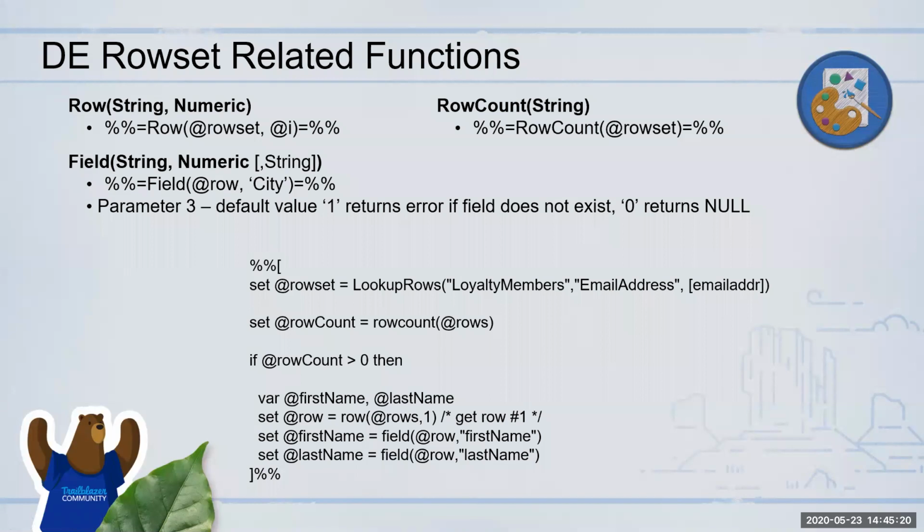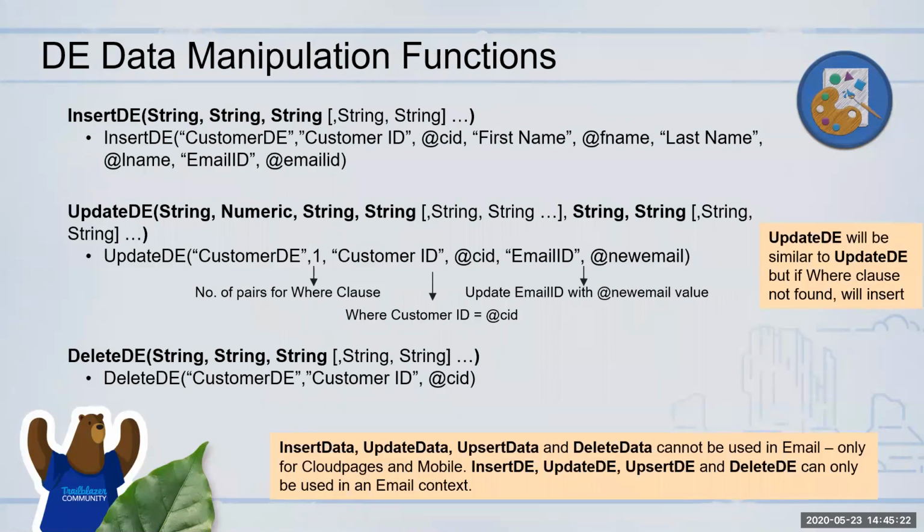Okay. All right. We'll quickly go through a few data manipulation functions. This is in case you want to insert, update or delete data in your data extensions, you can use these. There is actually another similar set, like insert data, update data, where the last part is data. So in email, you will always use the functions ending with DE.